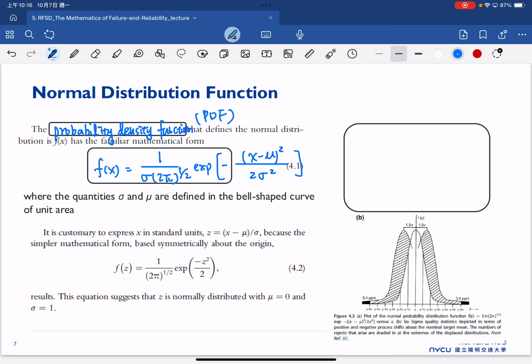This is the general form for the probability density function, and in this equation the quantities sigma and mu are defined inside this equation.